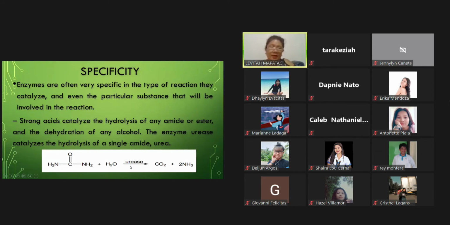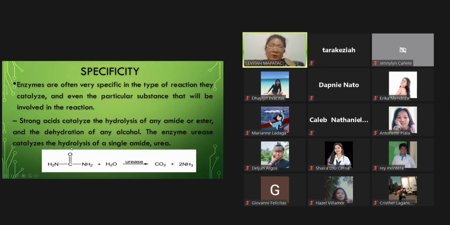How are we going to convert this into carbon dioxide and ammonia? Since the process here is hydrolysis, what is our substrate? The substrate is what is acted upon by the enzyme. This is now our substrate.